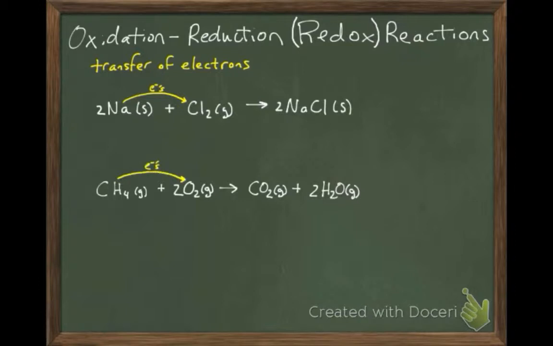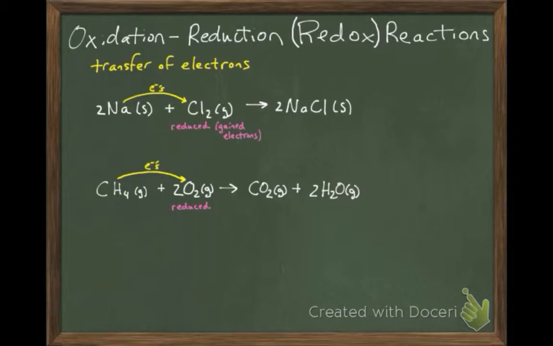For a reaction in which a reactant is gaining electrons, we say that reactant is reduced. So chlorine gained electrons and was therefore reduced. In the bottom reaction, since dioxygen is gaining electrons, it is reduced. So reduction refers to a gain in electrons.